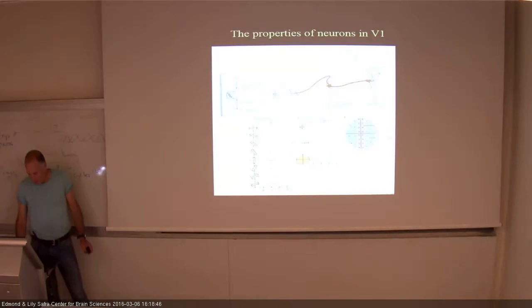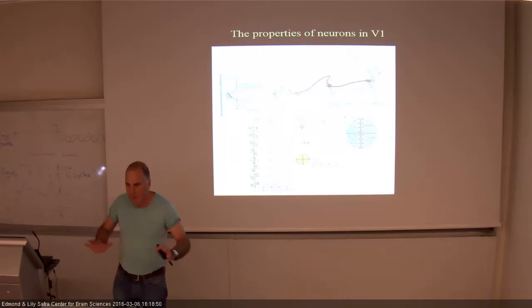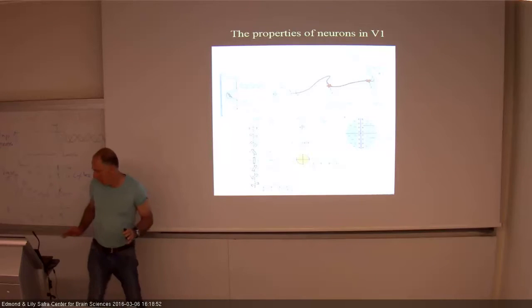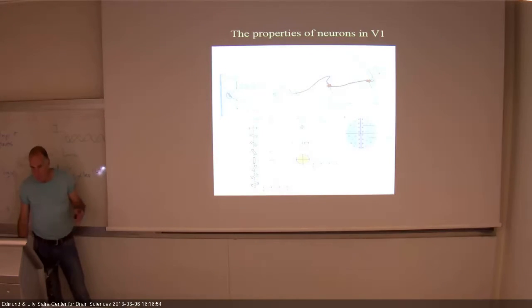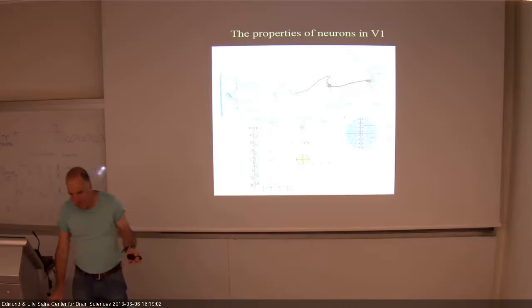Okay, so I've talked about retinotopy. We'll move on to other characteristics of V1. Some of it you've heard. You all heard about simple cells and complex cells, and analyzed Hubel and Wiesel's paper, like a week ago.